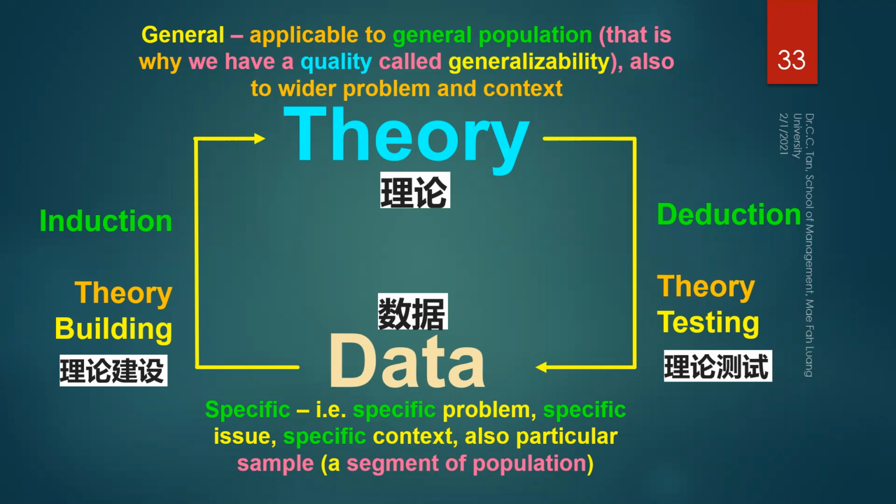So that is the data side of the theory and data iteration. Deduction, as I already told you, means you have to go through understanding the theory, which forms the concepts of strategy. So you go through the literature reviews, library, internet, databases, things like that, and then you use all this theory in view of the context of the application that you are working on.